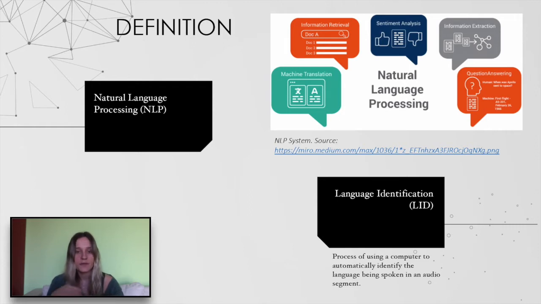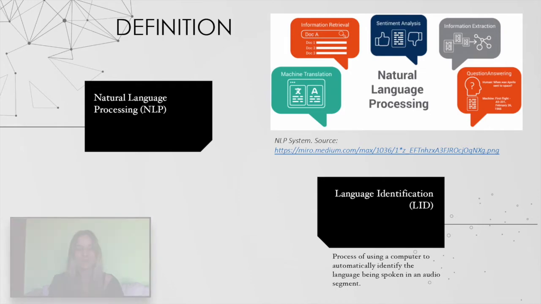We can find some of its applications in the slide, for example, machine translation, sentiment analysis, and the one we chose, which is LID, which is language identification. We chose it because basically we like languages a lot and it sounded quite interesting. So, as its name says, it consists of recognizing which language is being spoken in an audio segment.